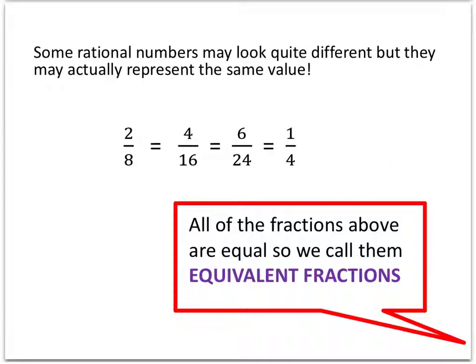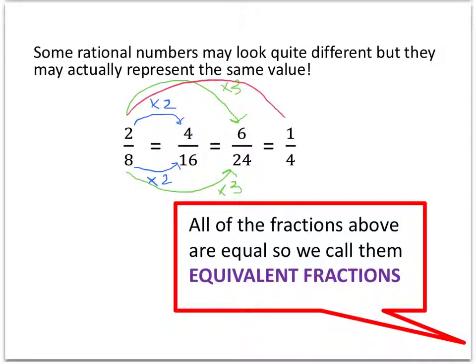Some rational numbers may look quite different, but they may actually represent the same value. Here we have 2/8. If we multiply 2/8 by 2, we get 4/16, which is actually the same value. If we multiply 2/8 by 3, we get 6/24, which is still the same value as 2/8.